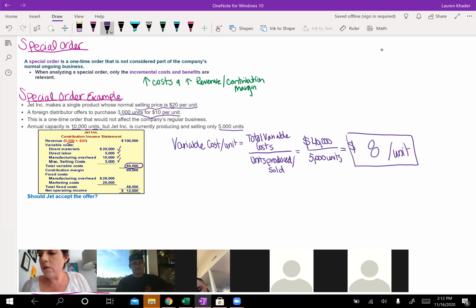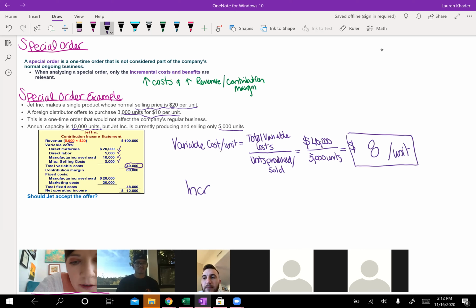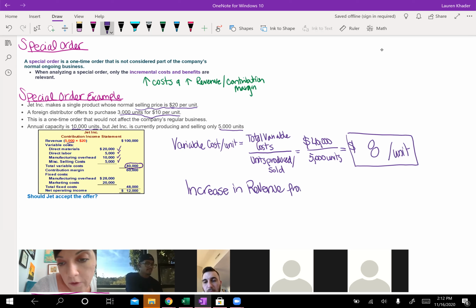So what we're going to do is calculate how much our bottom line could increase from this job. So the increase in revenue, or incremental revenue, from the special order, the 3,000 units in that special order at a unit selling price of $10 per unit.